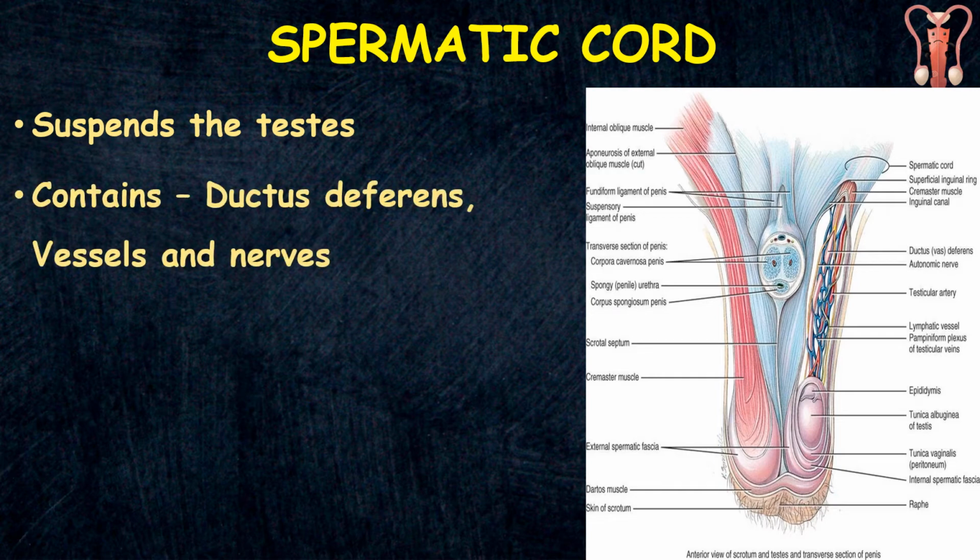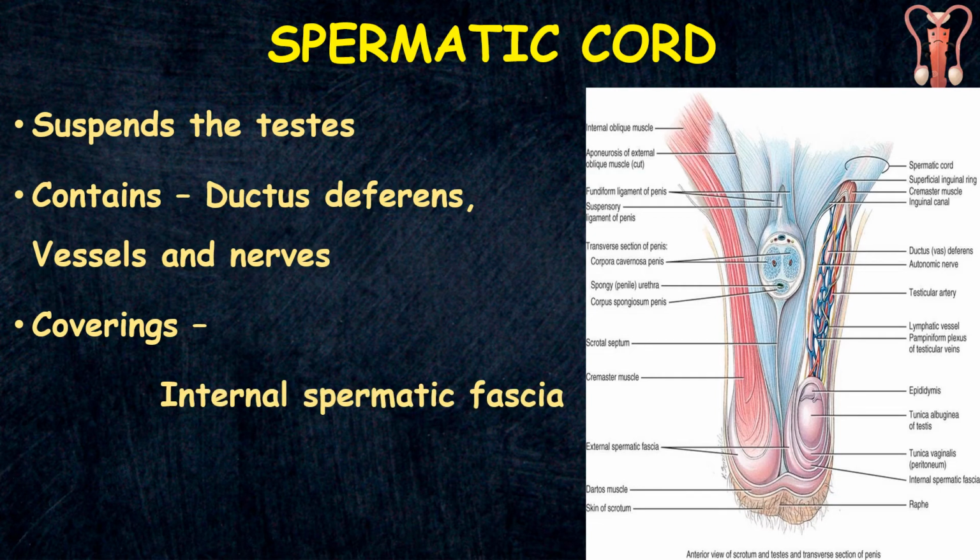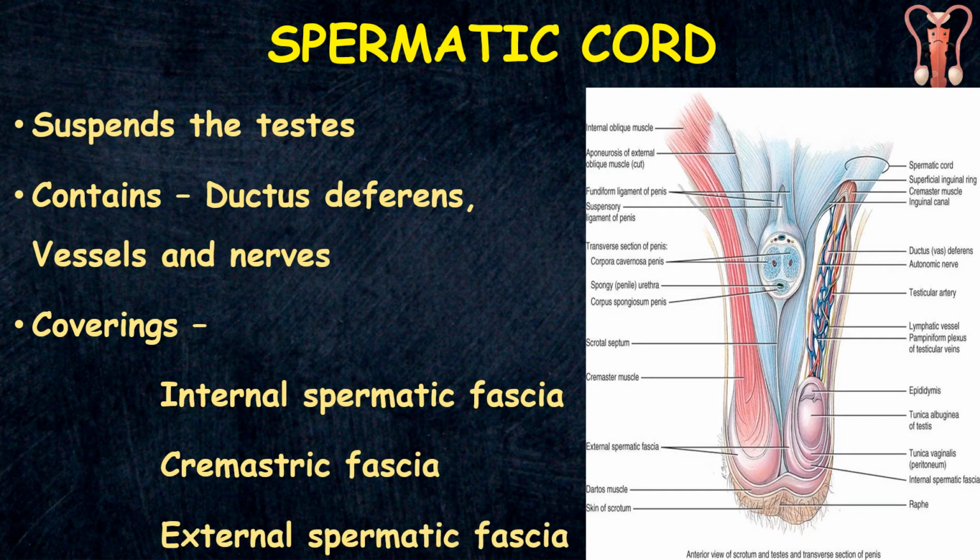It contains the vas deferens, the blood vessels, and also the nerves of the testes. The coverings are the internal spermatic fascia, cremasteric fascia, and the external spermatic fascia.